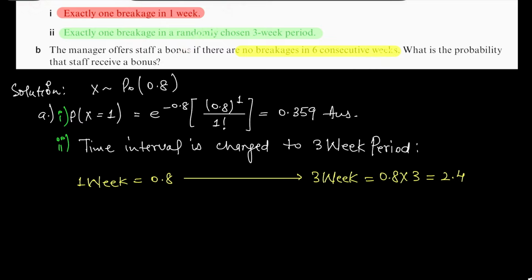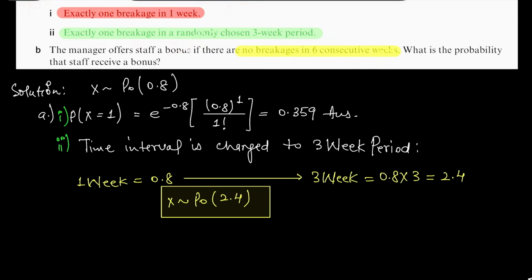So now I will say that X follows Poisson with mean 2.4, and now I have changed the time interval according to the 3-week period. So now let's solve this. The question says exactly one breakage in 3 randomly chosen weeks.